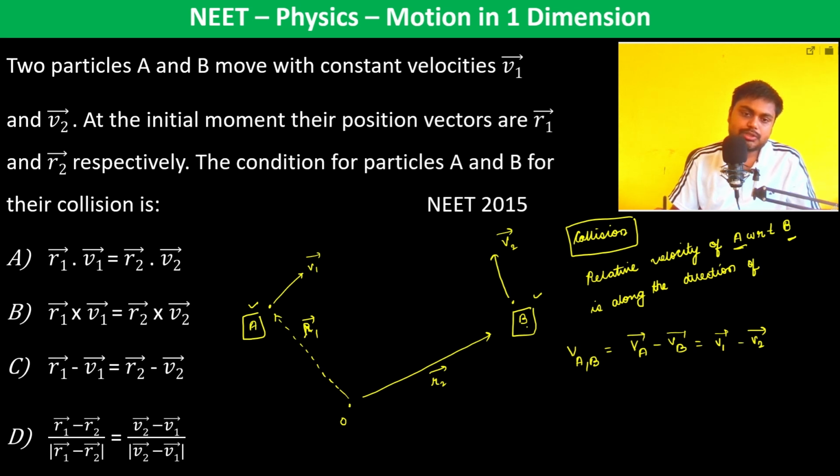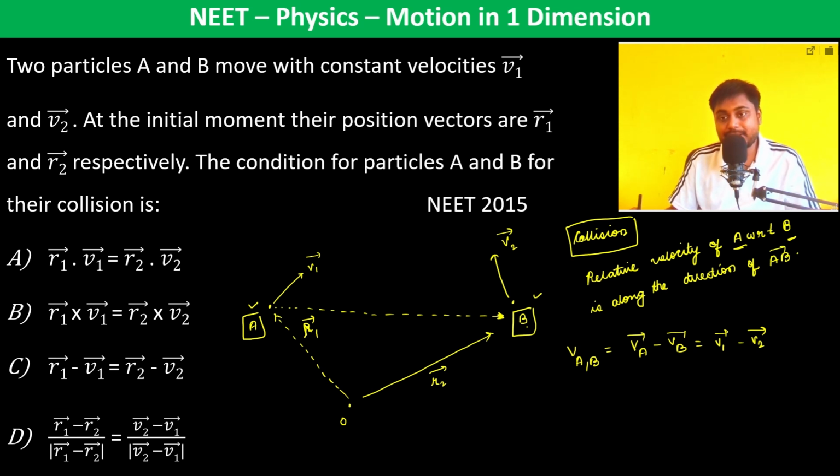Now this should be along this line joining A and B. Okay, it should be along the direction of AB. So now this is the velocity AB.